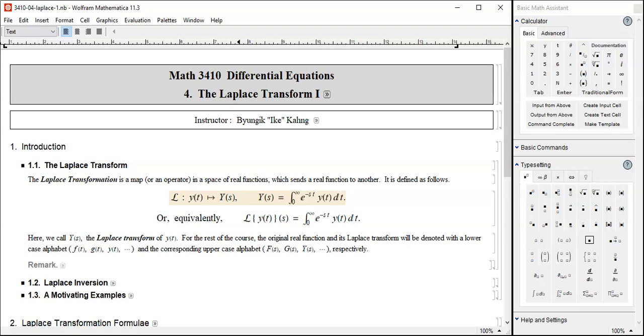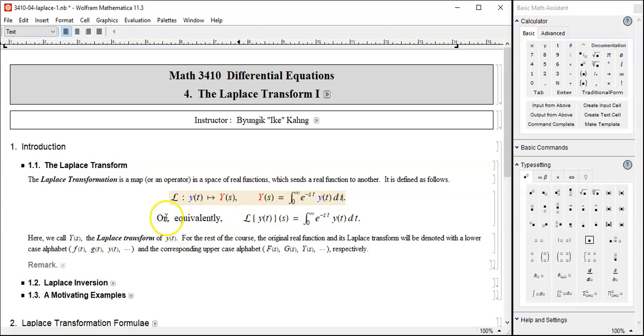This Laplace transform, capital Y of S, is defined through this improper integral, and script L is the correspondence, the transformation, or an operator, or a map, which maps the original function, which I'm highlighting in blue, to the image function, blue to red, where the red function is defined through this improper integral.